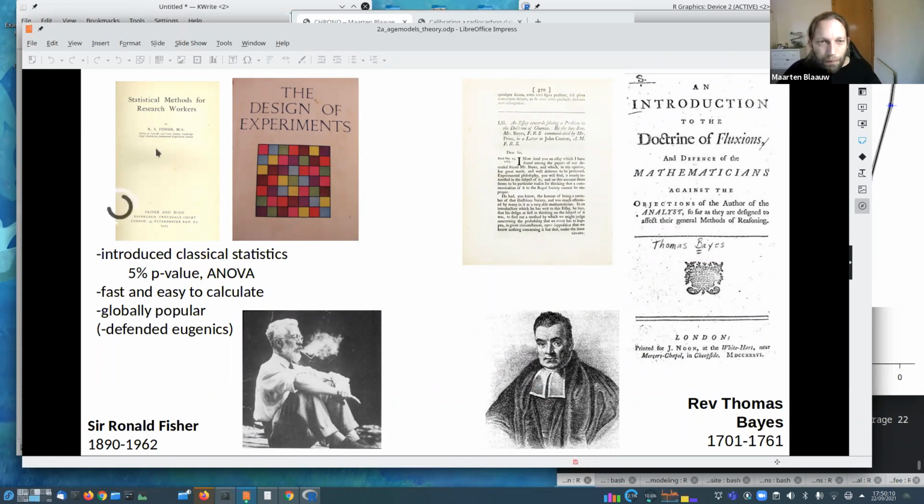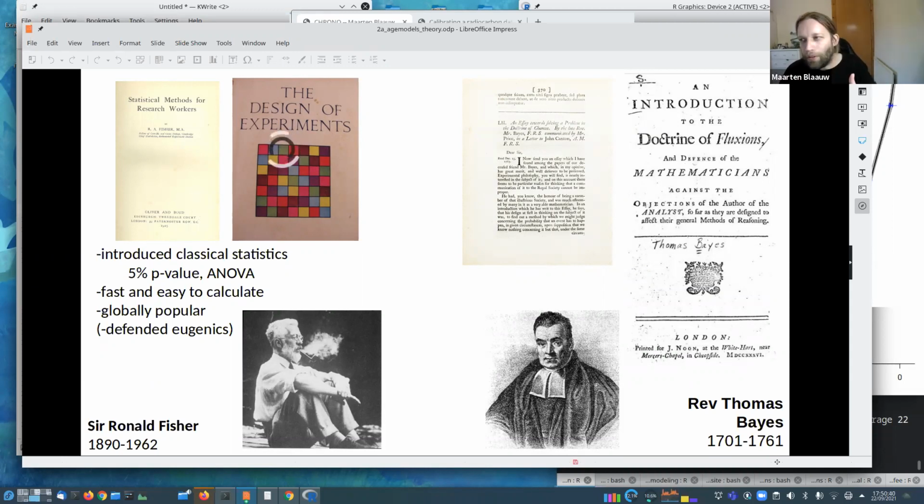So when most people think of statistics, it's the classical frequentist statistics, and much of that was developed actually by one person, Sir Ronald Fisher. Well, he was part of a larger group, but he wrote two handbooks that became very, very popular among research statisticians in labs and elsewhere.